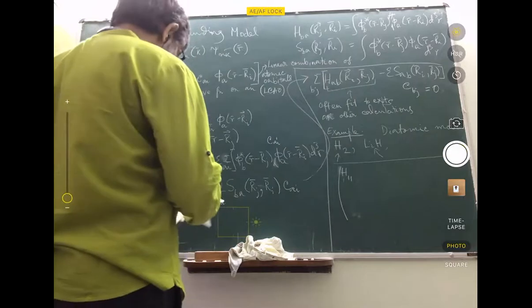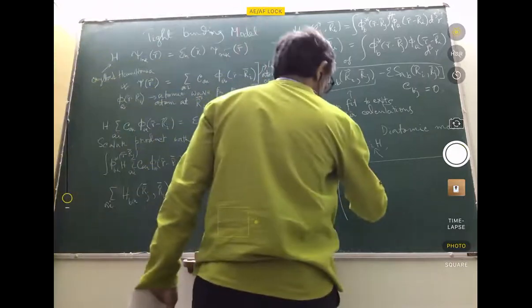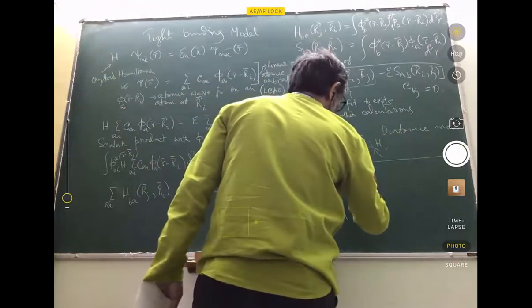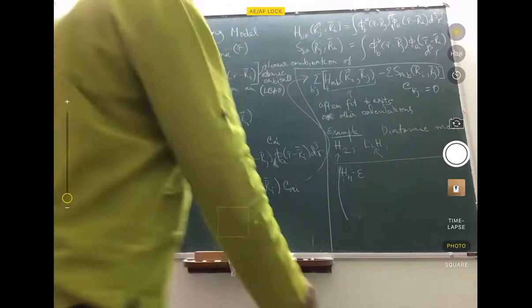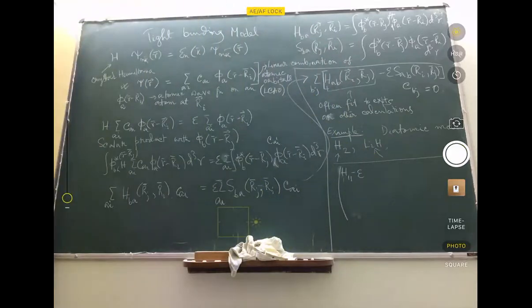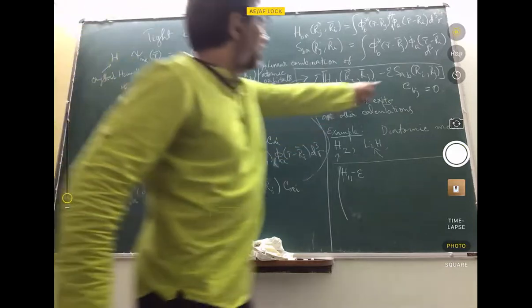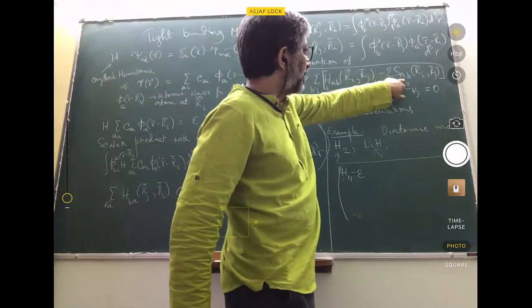So H11 minus epsilon, because we are assuming that the orbitals on each atom are normalized.